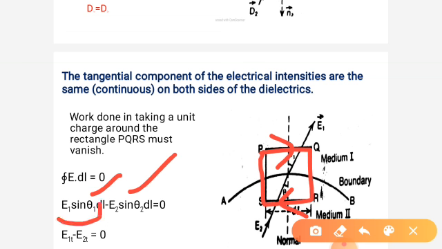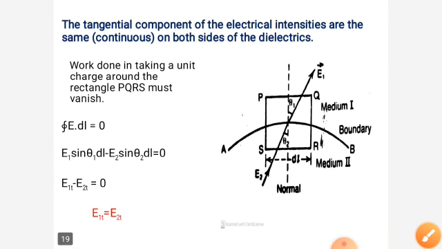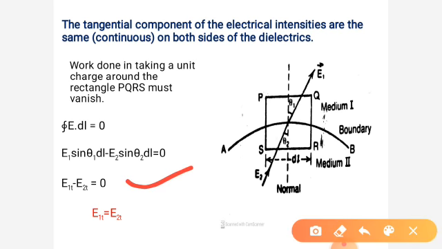E1 sin theta 1 is represented as E1t, the tangential component, and E2 sin theta 2 is represented as E2t. This is also a tangential component. So E1t minus E2t is equal to 0. So E1t equals E2t. That is the same on both sides of dielectric medium 1 and dielectric medium 2.